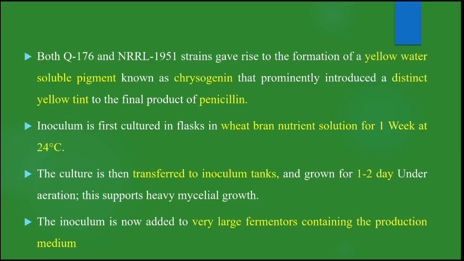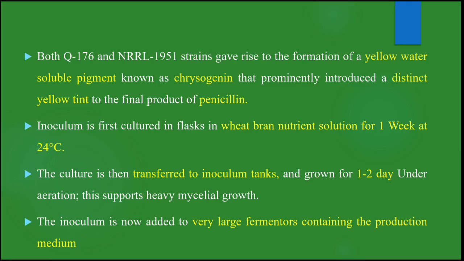Both Q176 and NRRL 1951 strains gave rise to the formation of a yellow water soluble pigment known as chrysogenin, which introduced a distinct yellow tint to the final penicillin product.